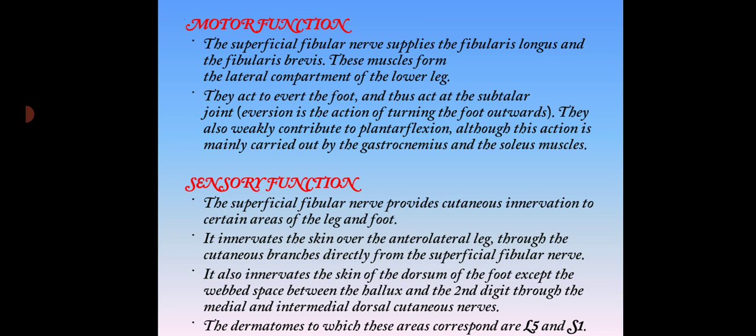It also innervates the skin of the dorsum of the foot, except the webbed space between the hallux and the second digit, through the medial and intermediate dorsal cutaneous nerves. The dermatomes to which these areas correspond are L5 and S1.